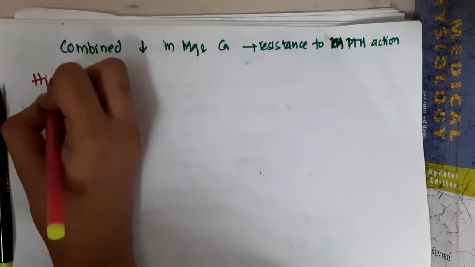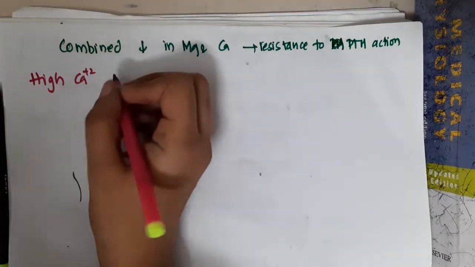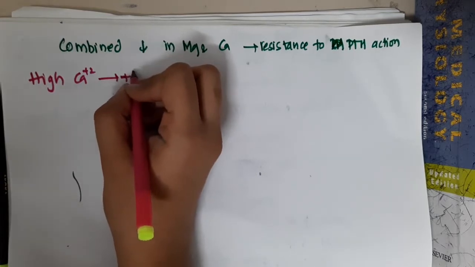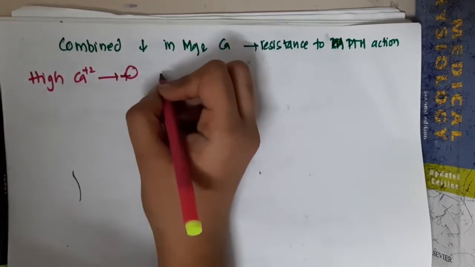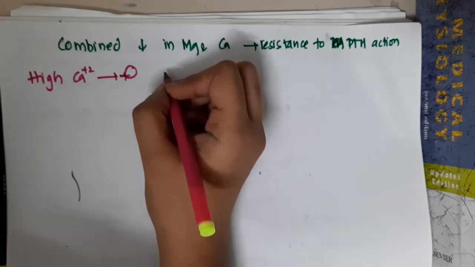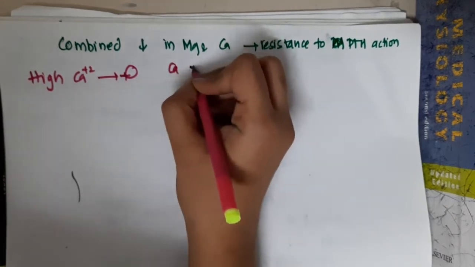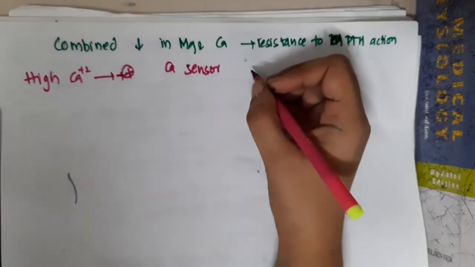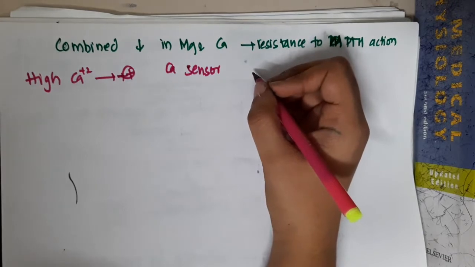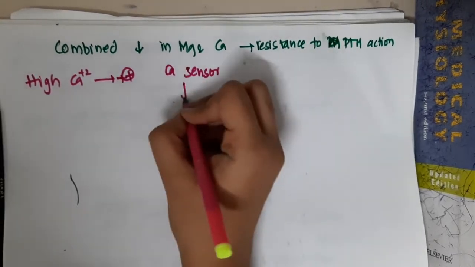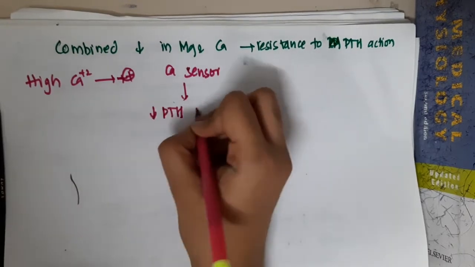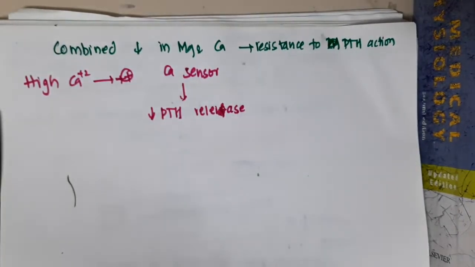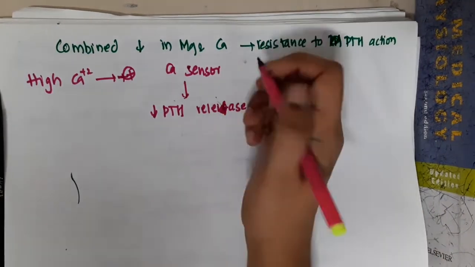Next, whenever there is high calcium, it activates the calcium sensor. This calcium sensor will decrease the parathormone release.